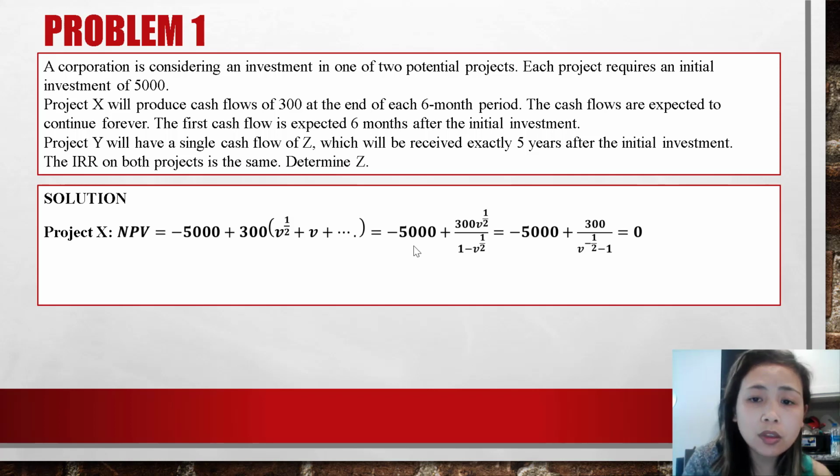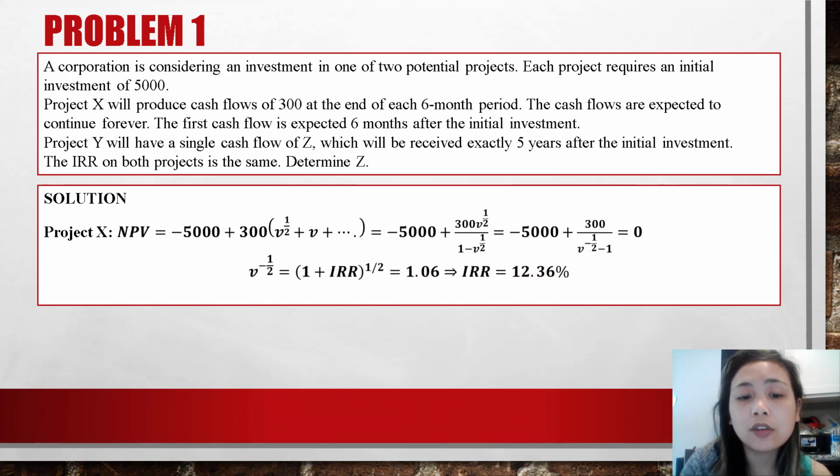And we want to break even on this project, so we set the net present value equal to 0 and we solve for v. And from v, we can solve for IRR, because v is (1 plus IRR) to the negative 1.